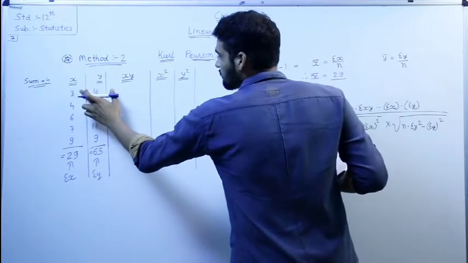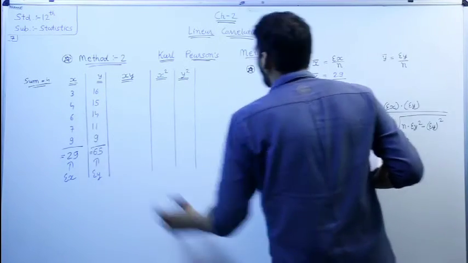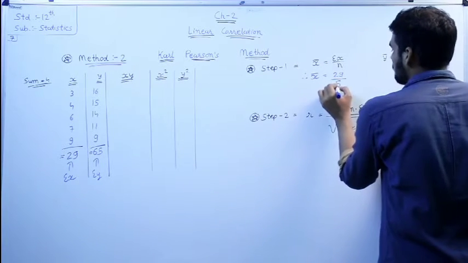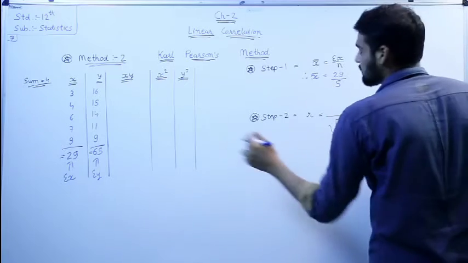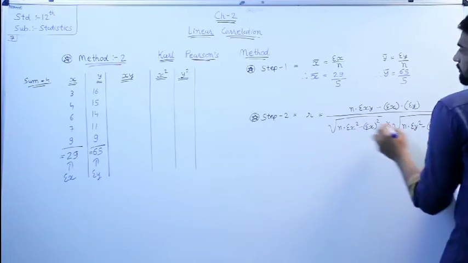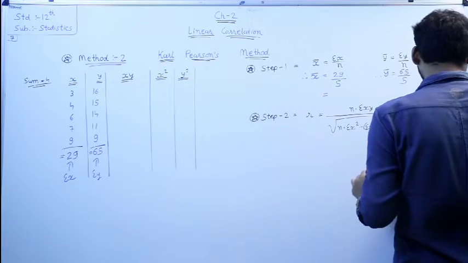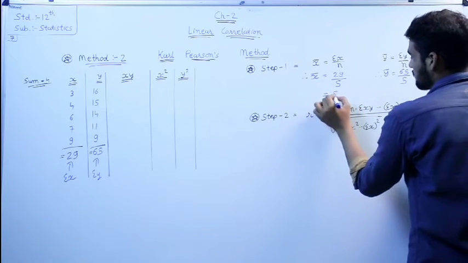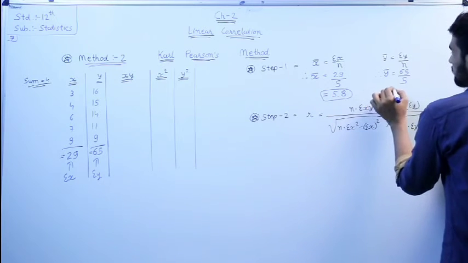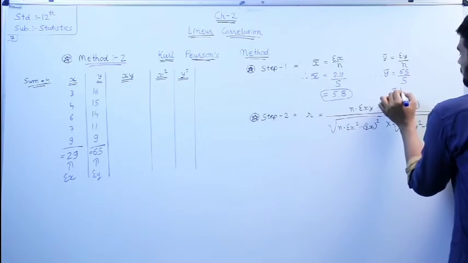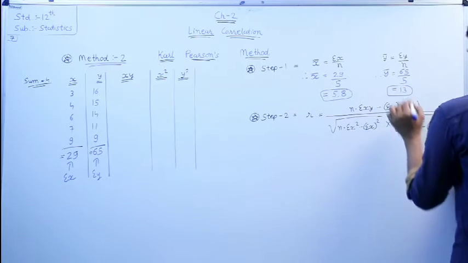So now we have observations 1 2 3 4 5. So 29 upon 5, and y bar is equal to sigma y, which is 65 divided by 5. So after simplification we get x bar is 5.8, and y bar is 13.